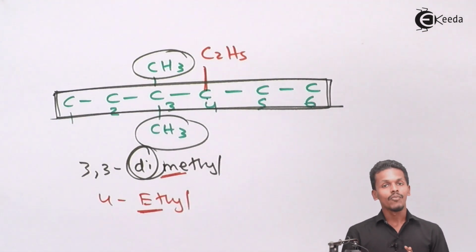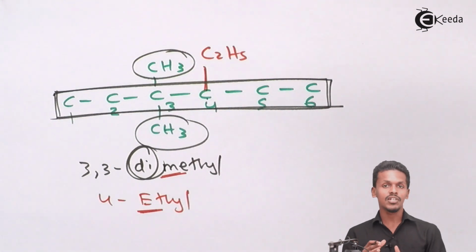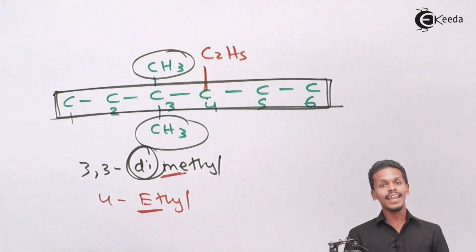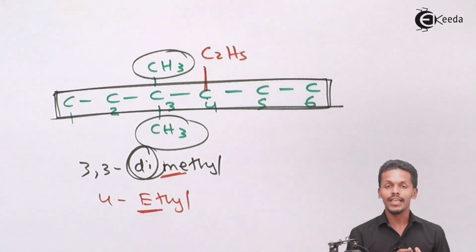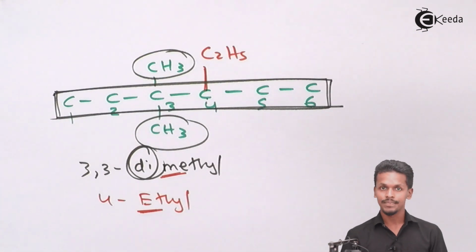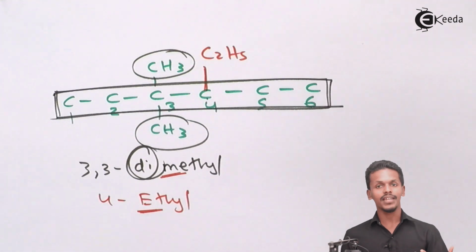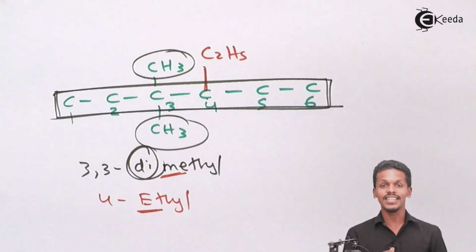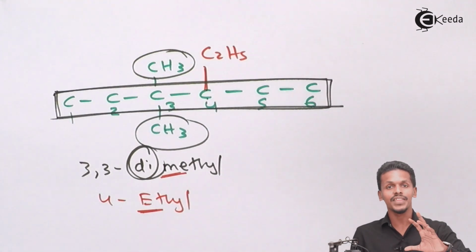So we are going to name it in such a manner that E comes first, then M after that. This is the rule of IUPAC that we have to follow. Therefore 4 ethyl will be the first one, and after that 3,3 dimethyl, in which di has no meaning when it comes to the IUPAC nomenclature preference of the alphabets.